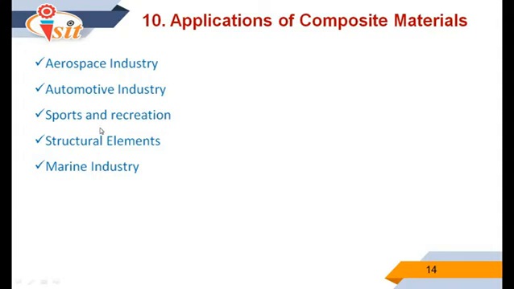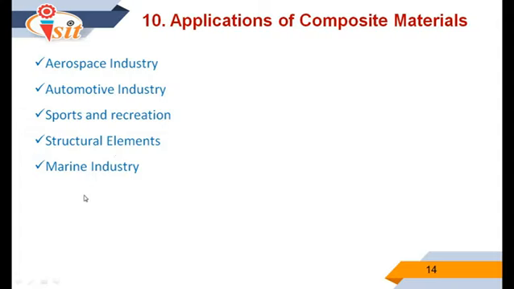Then there are components in sports, or structural elements in civil engineering for the strengthening of beams, where the composite is preferred. We can use different fibers to provide strengthening to old beam structures.